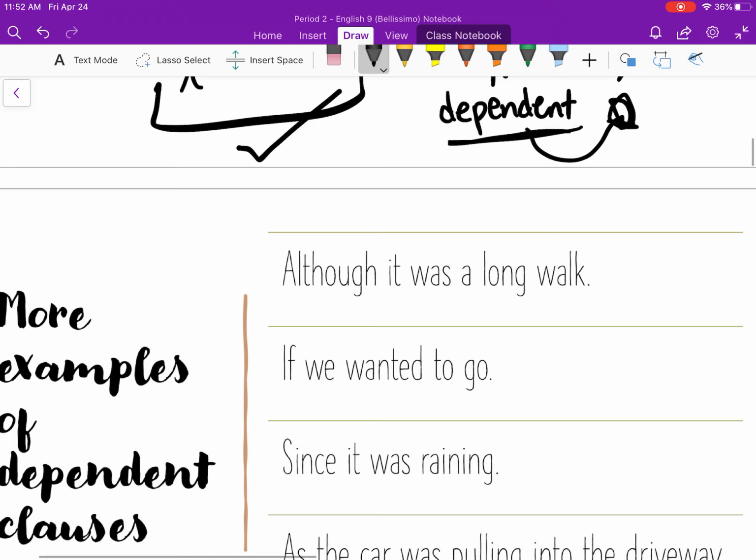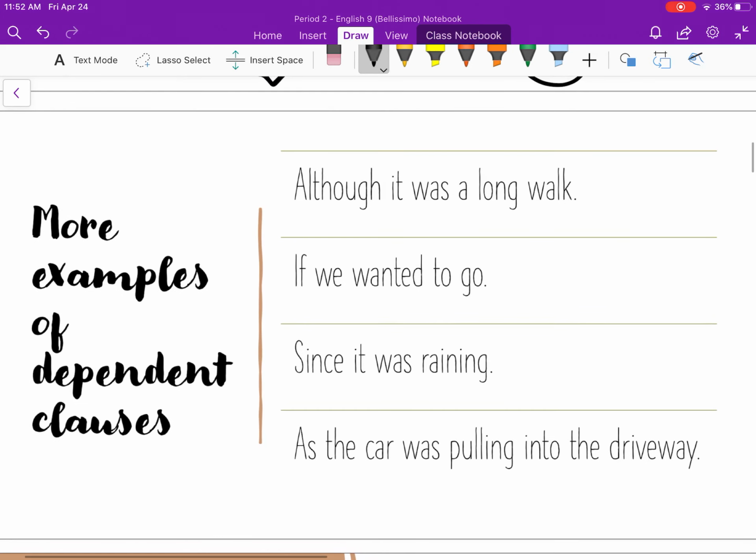First and foremost, let's take a look at some example dependent clauses. Remember, these are the ones that cannot stand on their own. That's that little kid asking for his lunch money. Although it was a long walk, our first sentence right here. Now, this is a dependent clause.